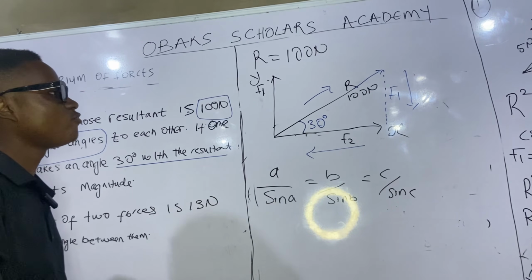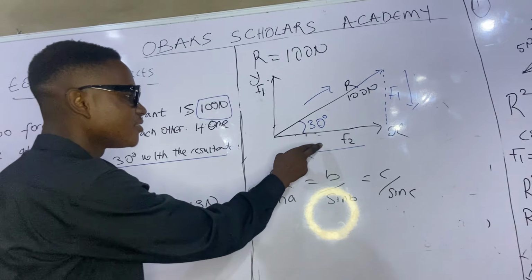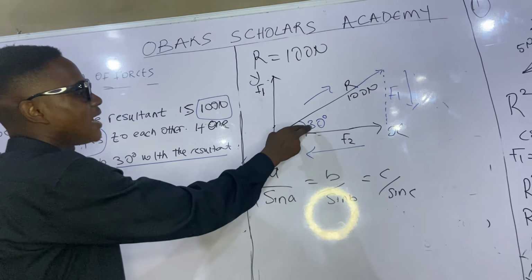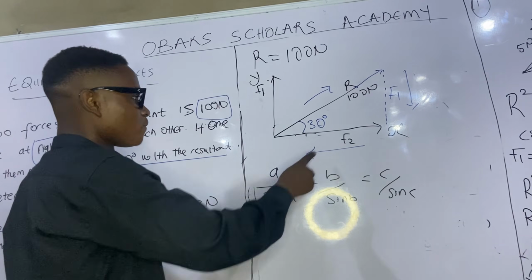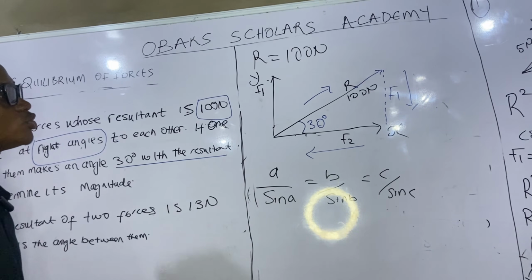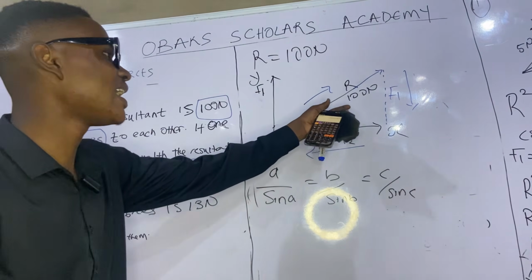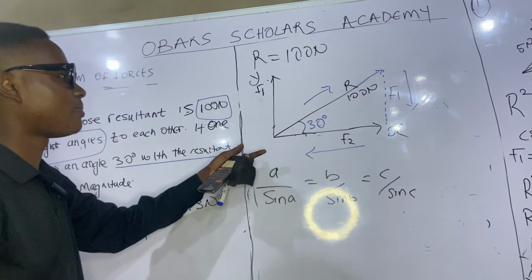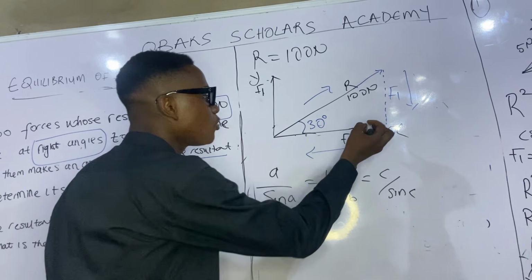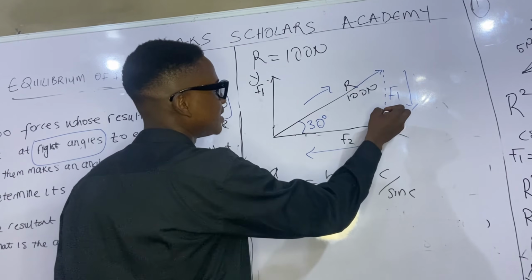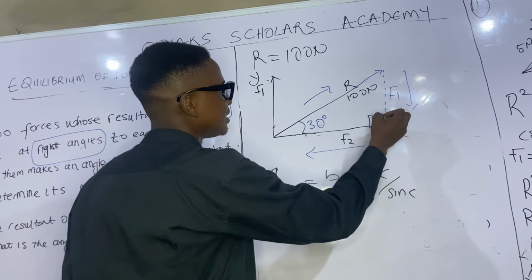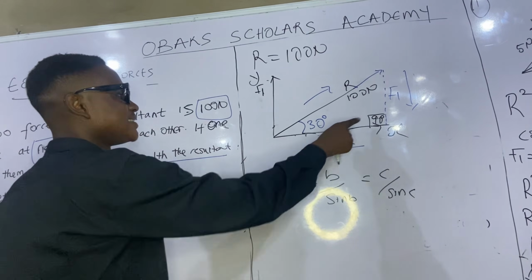So if you want to look for the force making an angle 30 with the resultant, that means we're looking for F2. So we'll use the sides that already have an angle. Let's go about it now. Since it's a right angle triangle, the angle here will be 90 degree.